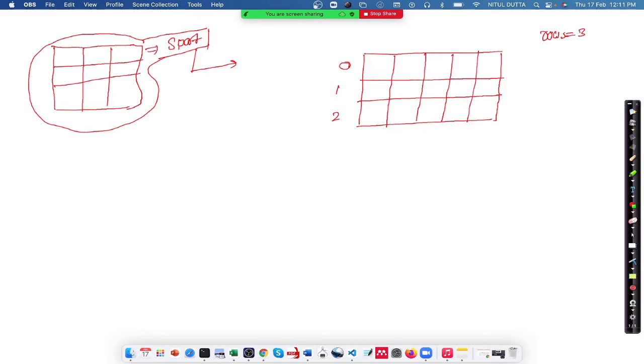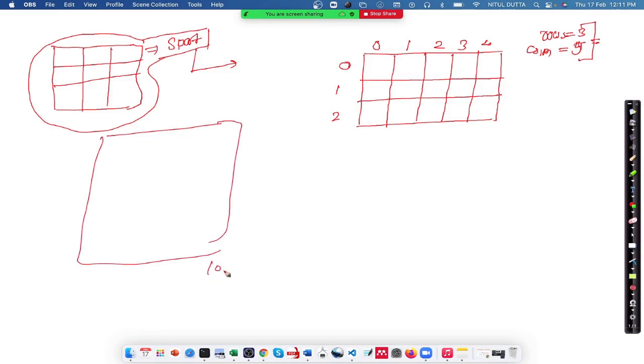If there are 4 non-zero elements, then there will be 4, say 5, say 4, that many columns, right? So this is the compact representation of the 10 by 10. Say this matrix was 10 by 10. That means 100 elements.